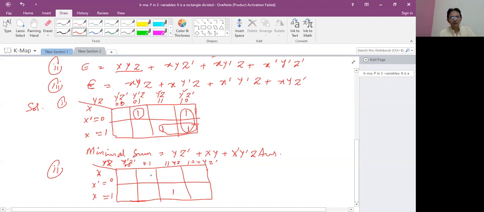Then x y z complement, where x is constant, y is constant, but z is complement. Now the second term is x complement, z similar, but y complement. So it means x y complement z. So we write here.